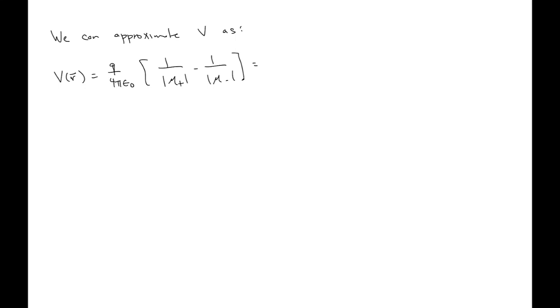But now we've approximated what those are. So if I write in our expansion for those terms instead, we used the binomial expansion, assuming we're far away from the charges, to come up with these expressions.